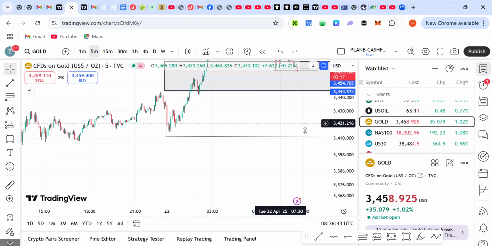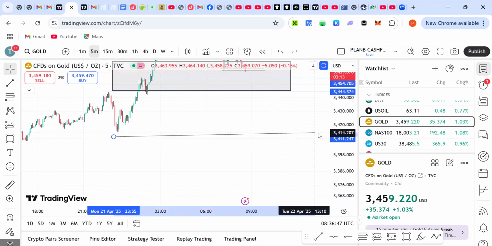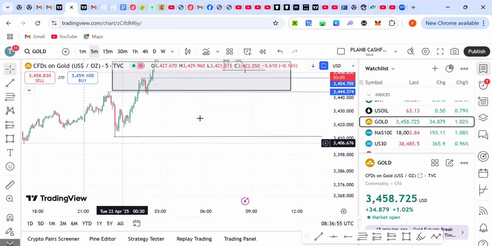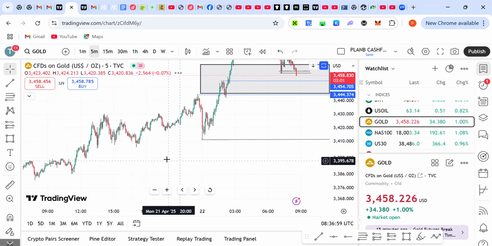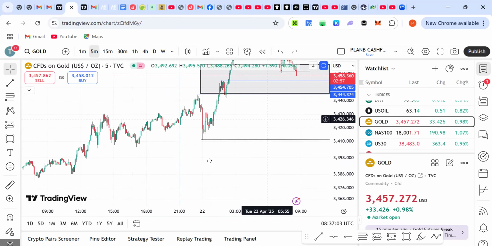The next thing you should look out for is where the next liquidity is. Perhaps it may be where the market wants to come to. So here is a liquidity and here is a liquidity. You can come to sweep it, and if you look at it back, it's a very good support region and all of that.